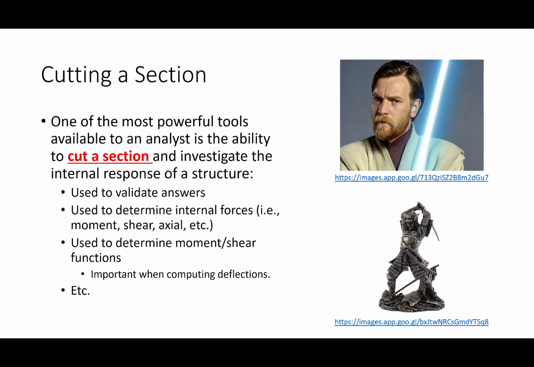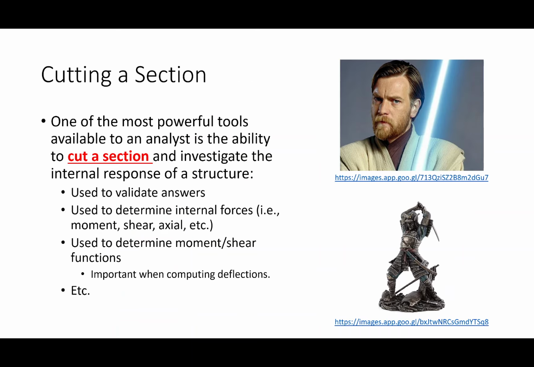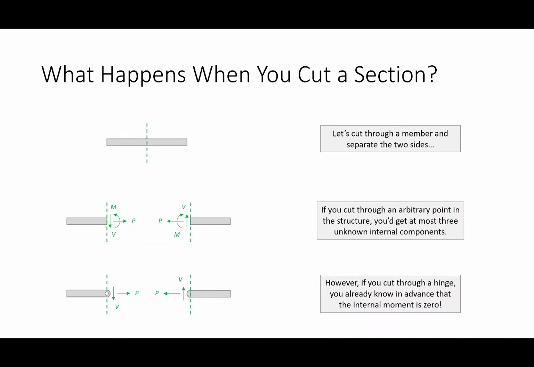Okay? So to go through a little bit of an academic breakdown of this, let's talk about what happens when you cut a section. So I have a beam, I take a samurai sword or lightsaber, and I cut through the beam, and I get some response, okay?